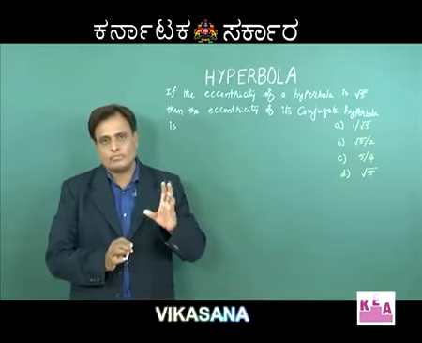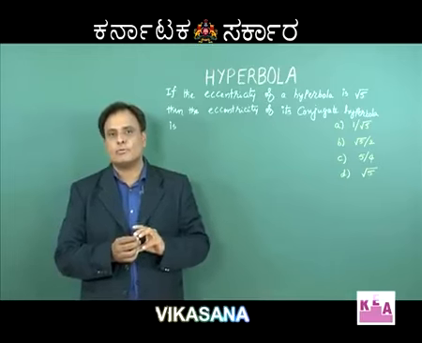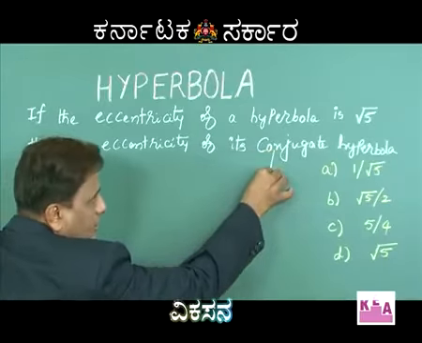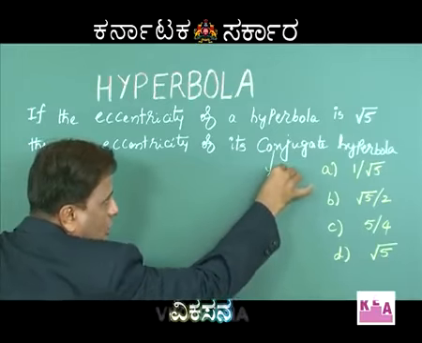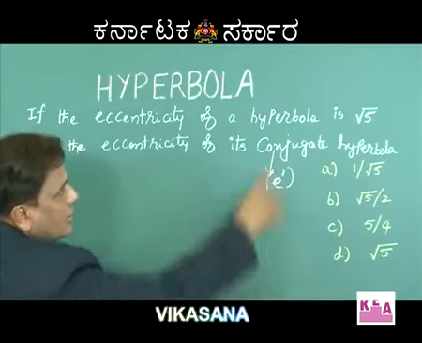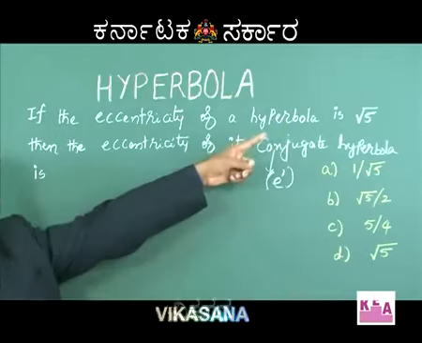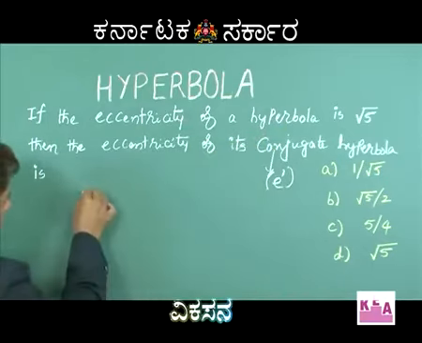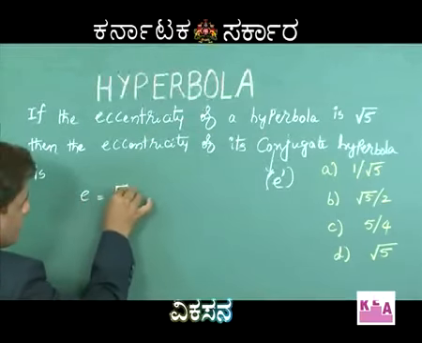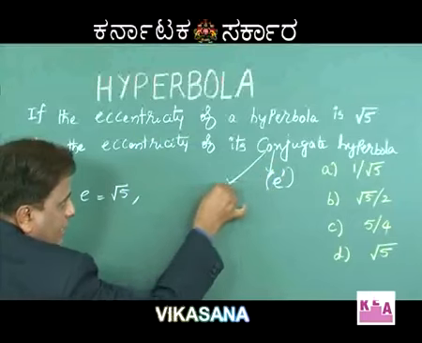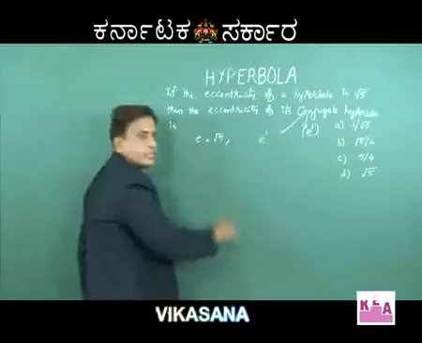To find the eccentricity of the conjugate hyperbola, first we assume that the conjugate hyperbola's eccentricity will be called E dash, and the given eccentricity root 5 will be taken as E. For the given hyperbola, e is equal to root 5. For the conjugate hyperbola, the eccentricity will be E dash.